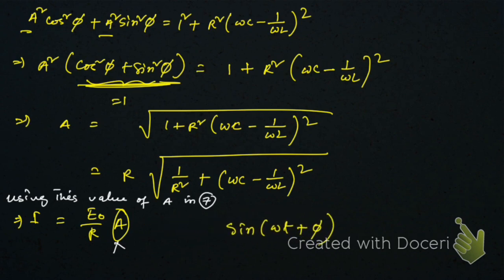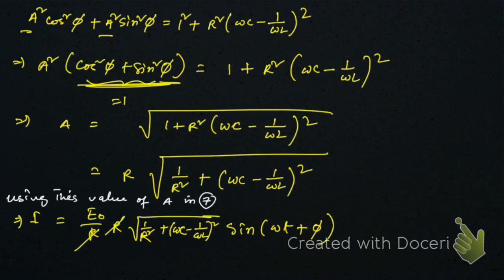Okay, now it's fine. So here this a is replaced by this value, root over 1 by R square plus omega C minus 1 by omega L whole square. Here R is going to be cancelled.